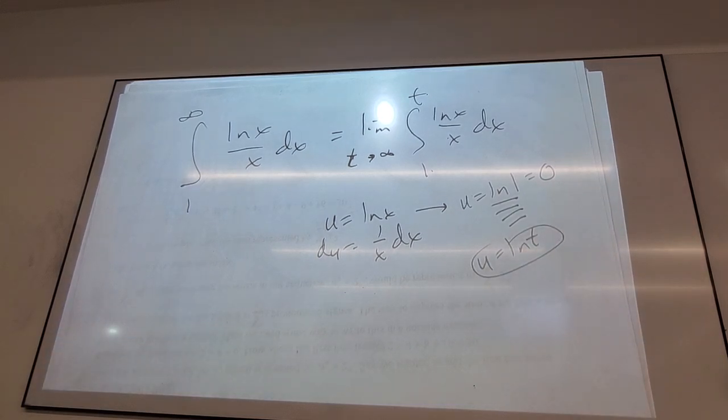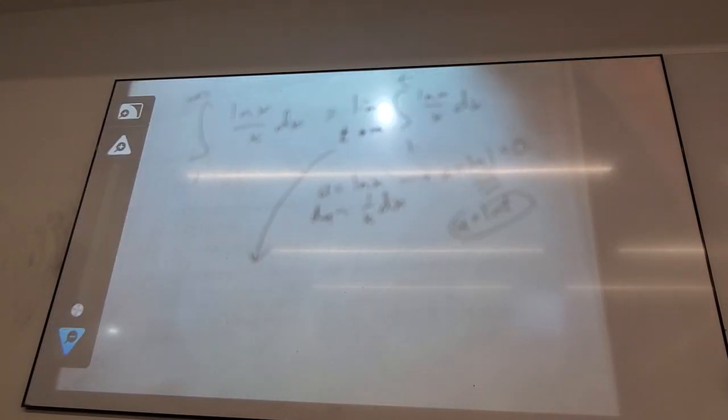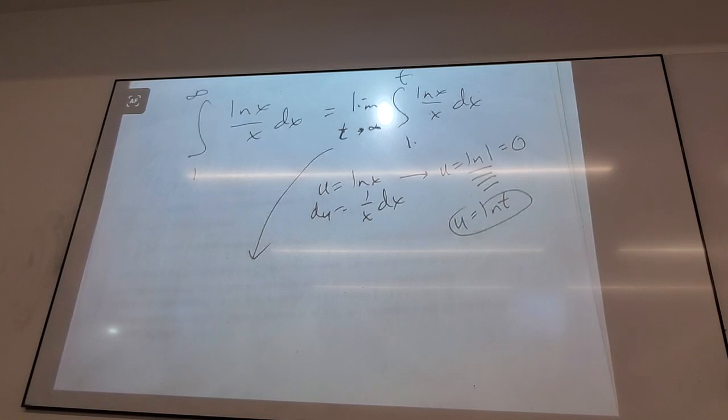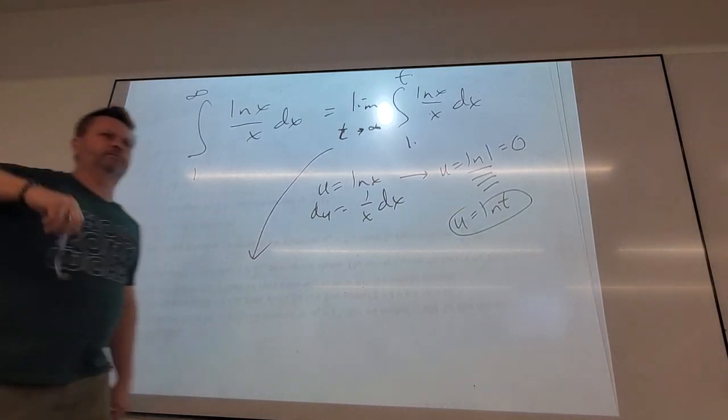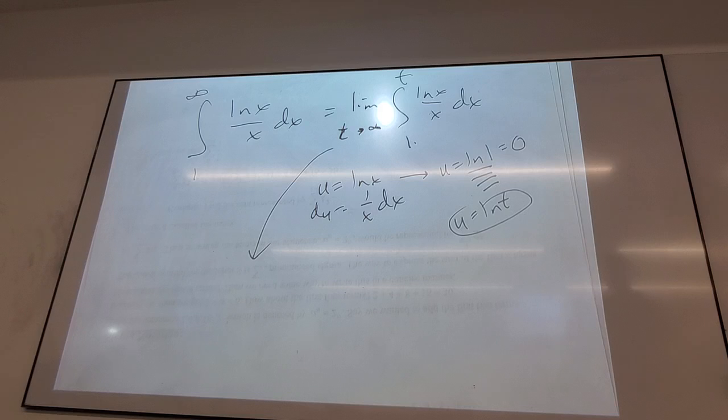Alright, so now I can redo this using my substitution. Take a minute, try to rewrite that using your substitution. If t goes to infinity, what does natural log of t do?